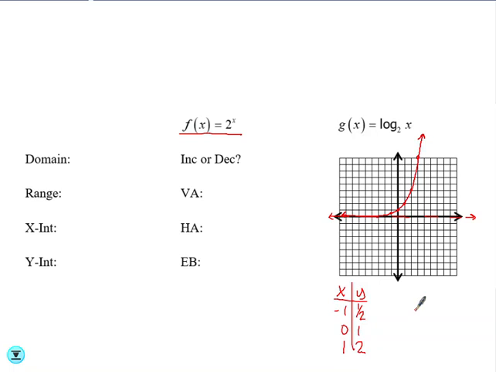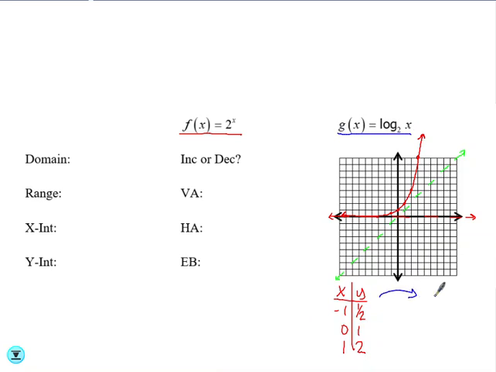If you remember from Algebra 2, inverse functions are reflected over the line y equals x, which is this diagonal line. The other way to think about it is to take the x and y values and switch them.